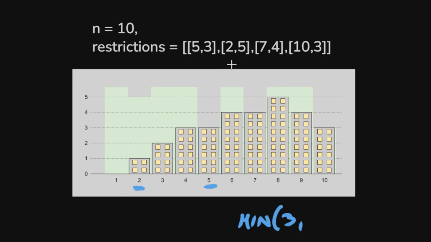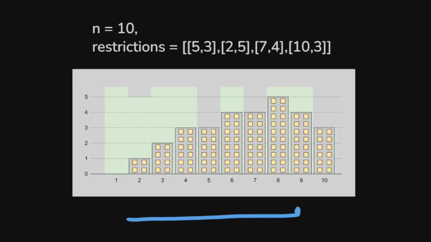Here we have the IDs, they are 5 and 2, so the distance is 5 minus 2, which is 3. And here we can add the height of the previous building, which is 1. 3 plus 1 is equal to 4. So we take the minimum between 3 and 4, and this is equal to 3, which means that the maximum height at this building, considering the current and previous restrictions, is 3.